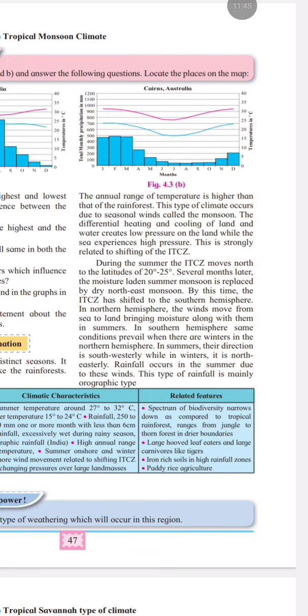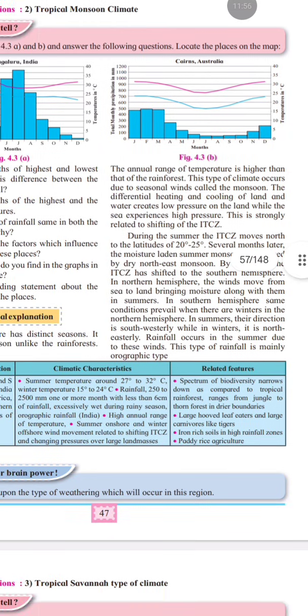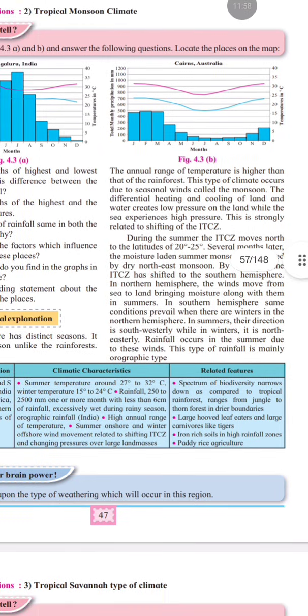During summer, the land becomes hotter and low pressure develops over the land. The sea has relatively higher pressure, so winds move from sea towards land. These winds carry moisture with them and therefore bring rainfall.